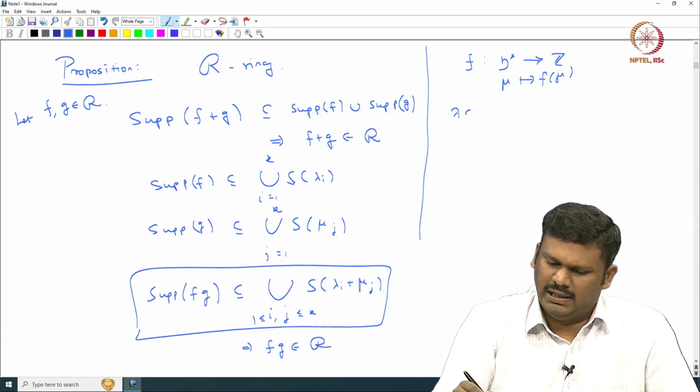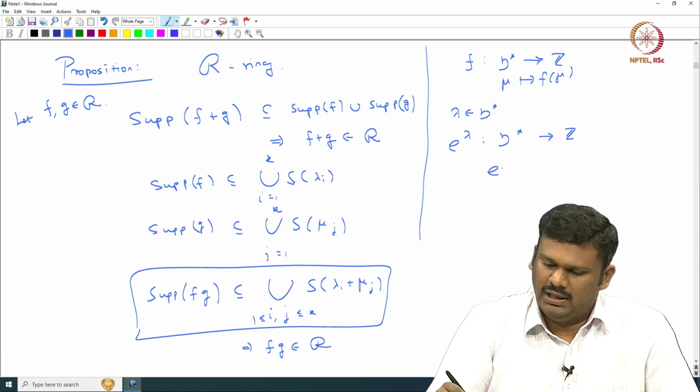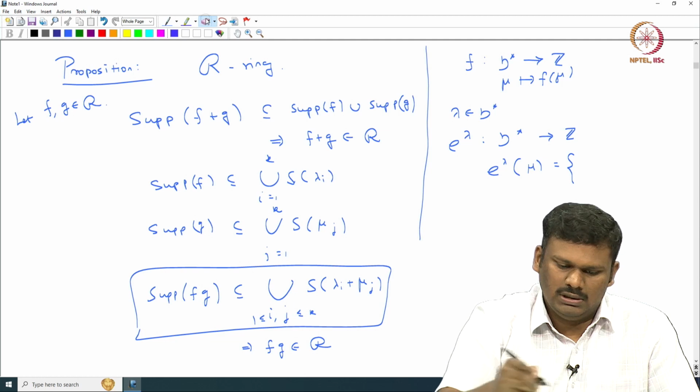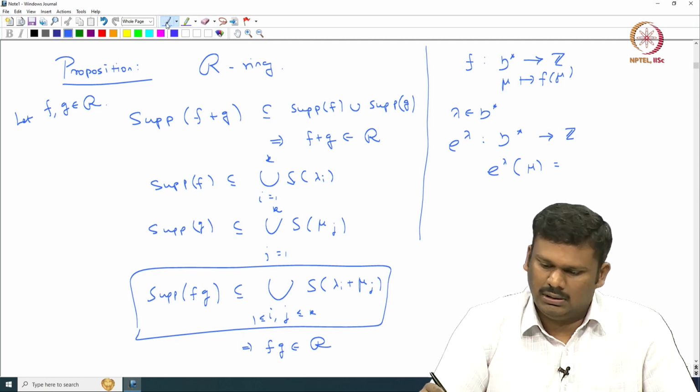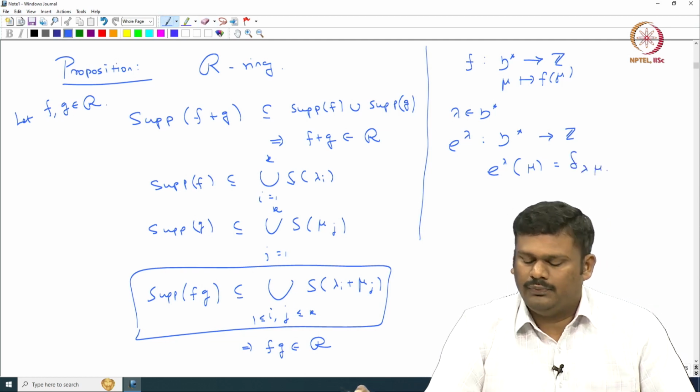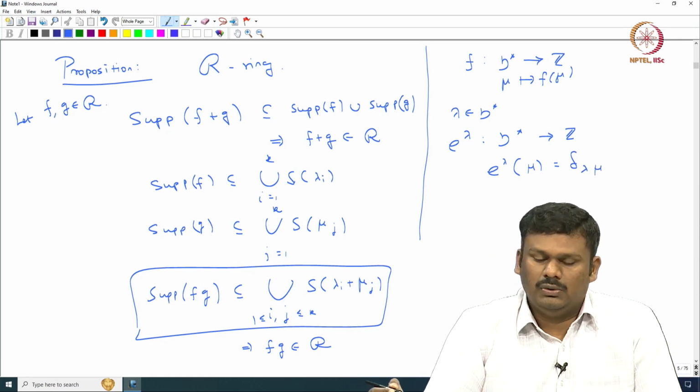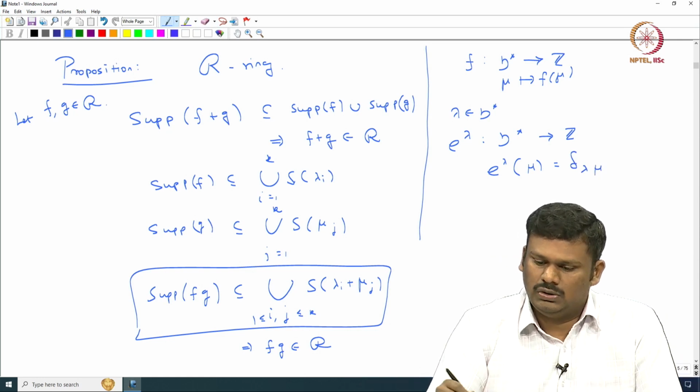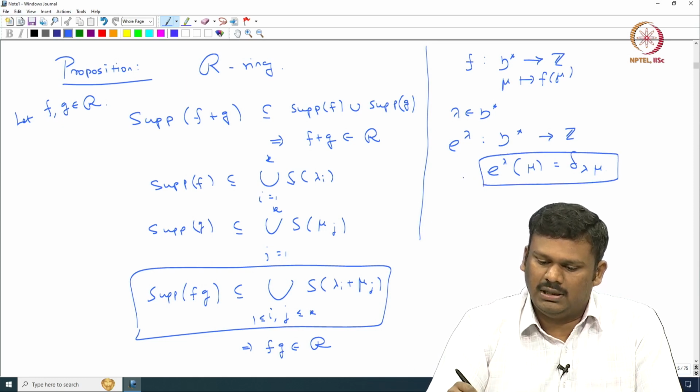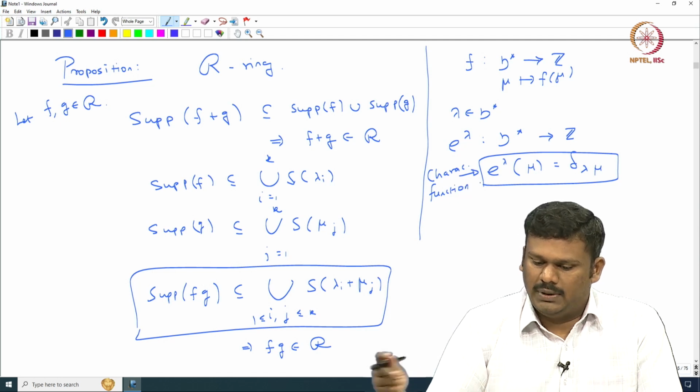Given lambda in H star, we define e power lambda, a map from H star to Z, where e power lambda of mu is defined to be the canonical delta lambda mu. Whenever lambda equals mu it is 1, otherwise it is 0. This is how you define e power lambda. These are called characteristic functions, depending upon lambda.